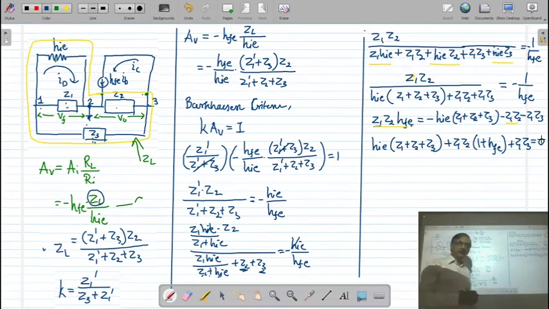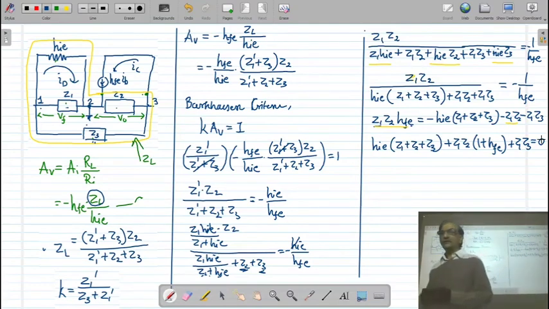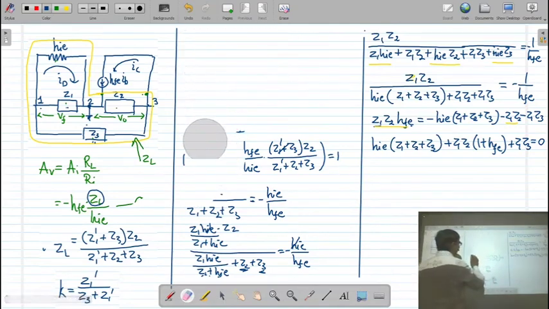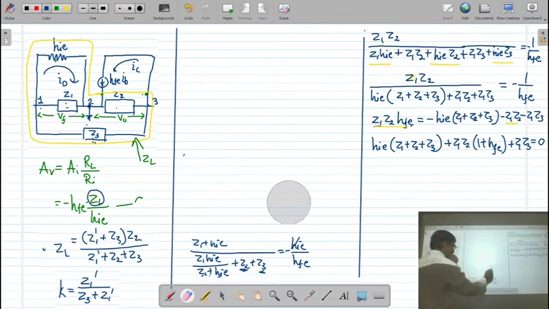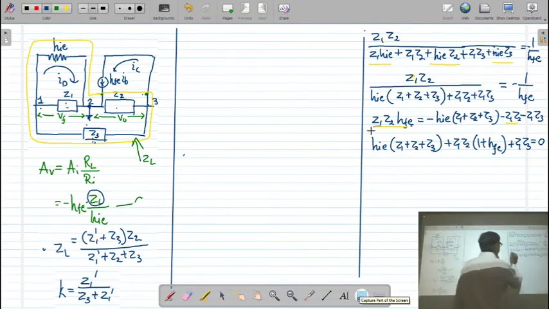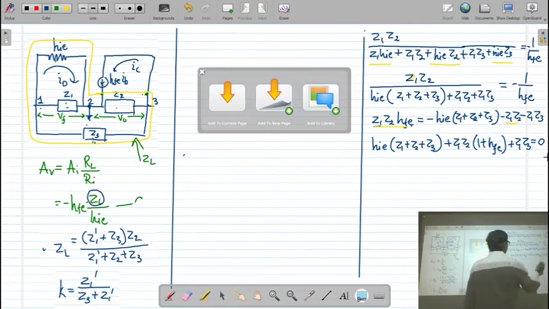Now here, for the Hartley oscillator, we will write what is Z1, Z2 and Z3, and we will try to obtain the frequency of oscillation. Okay, what is my expression? Expression is this. Correct?